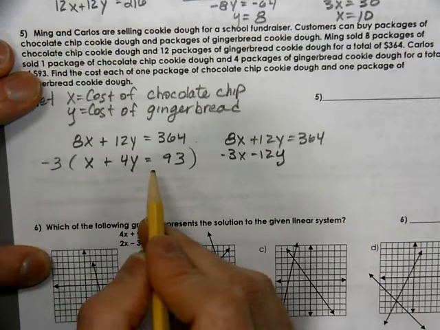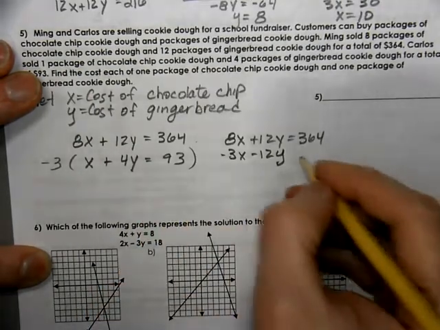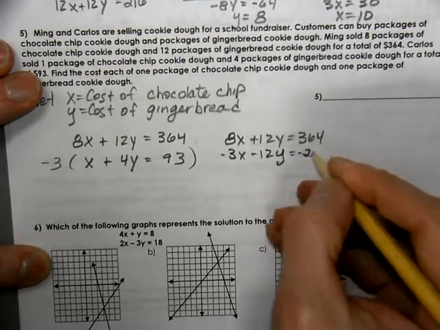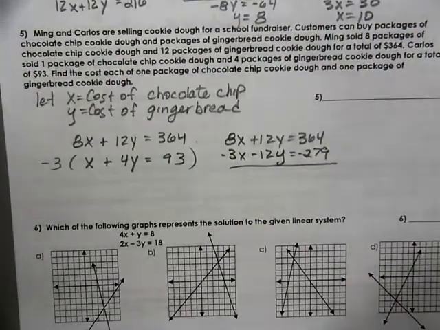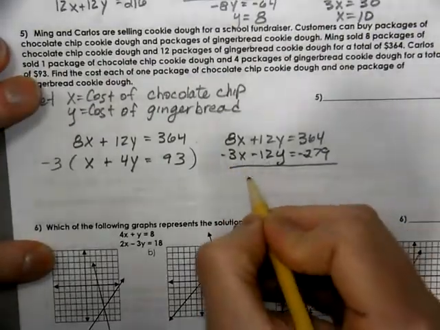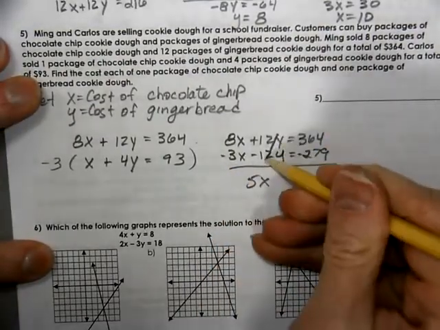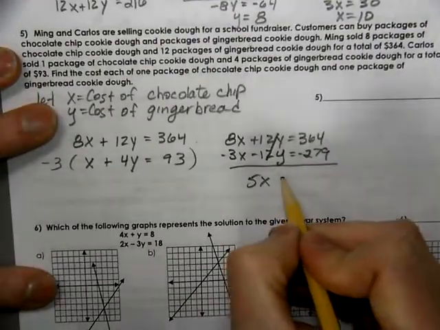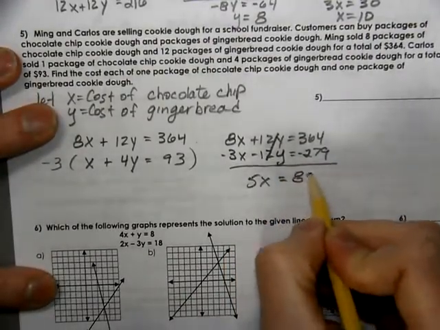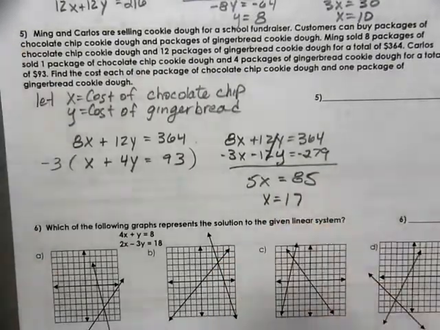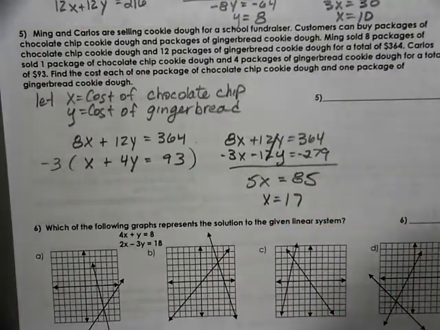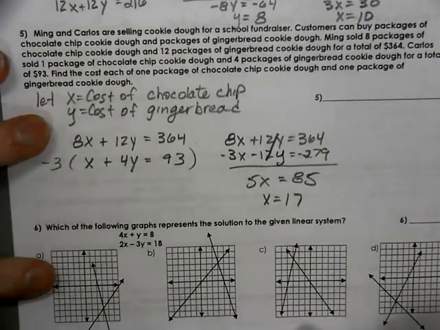And 3 times 93 gave me negative 279. So this subtracts to be 5x. These cross out, which is what I was trying to do. And here I get 85. So divide by 5, and my x equals 17.